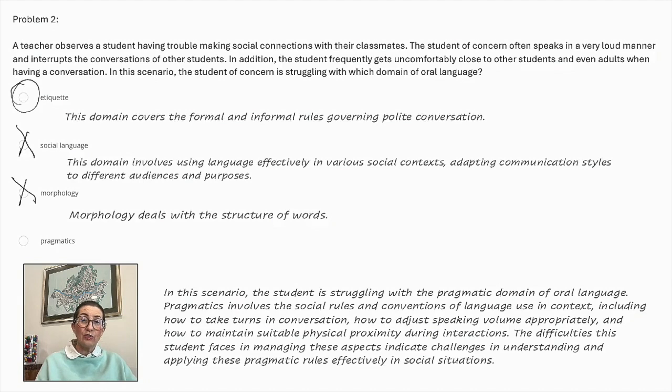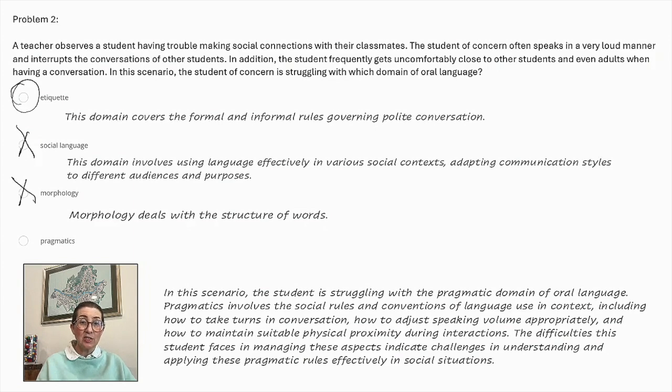In this scenario, the student is struggling with the pragmatic domain of oral language. Pragmatics involves the social rules and conventions of language use in context, including how to take turns in conversation, how to adjust speaking volume appropriately, and how to maintain suitable physical proximity during interactions.